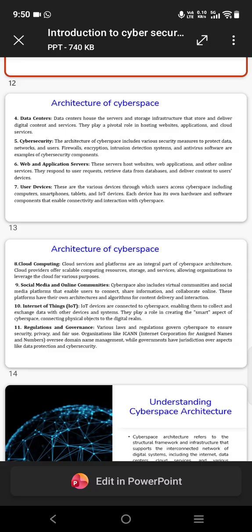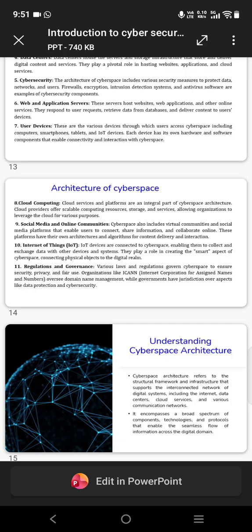These are the various devices through which users access cyberspace, including computers, smartphones, tablets, and IoT devices. Each device has its own hardware and software components that enable connectivity and interaction with cyberspace.